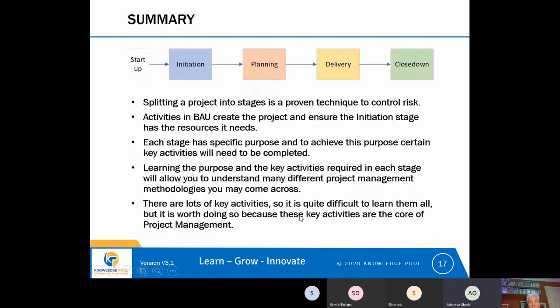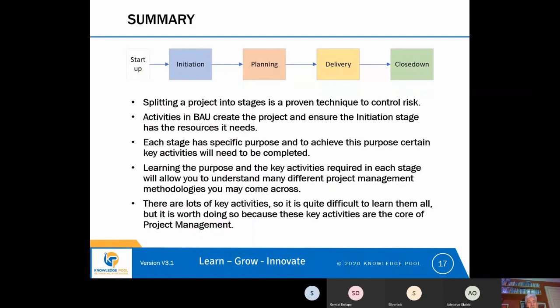Then we've just got a summary of the project life cycle. We saw last week that there is this period that we call startup, which is what happens even before the project starts. It's where the project is conceived. Somebody decides we need a project to do something.